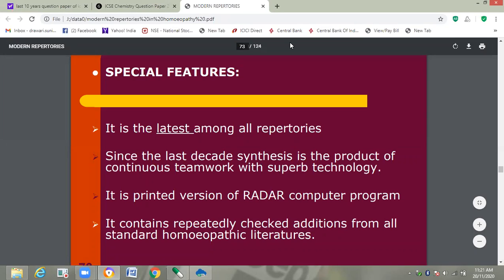In this repertory, to make Kent's arrangement of rubrics more comprehensive, after extension they have given localization and description also. Wherever necessary, they have done corrections in Kent's repertory.